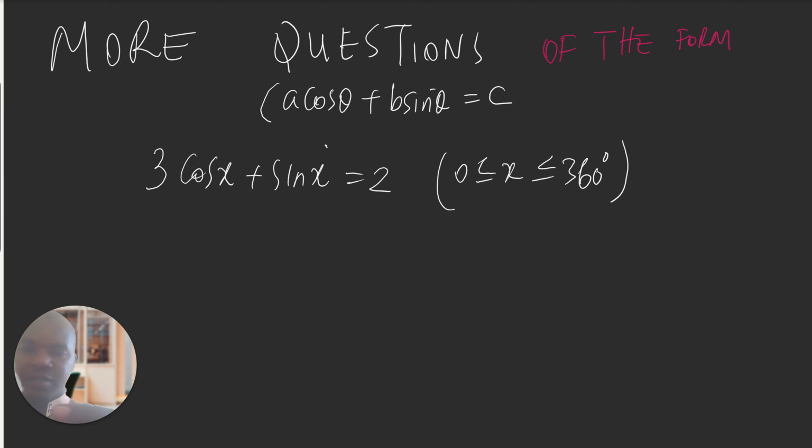In this session, we are going to solve questions related to quadratic equations, trigonometric equations, which are in the form of a cosine theta plus b sine theta equals c.